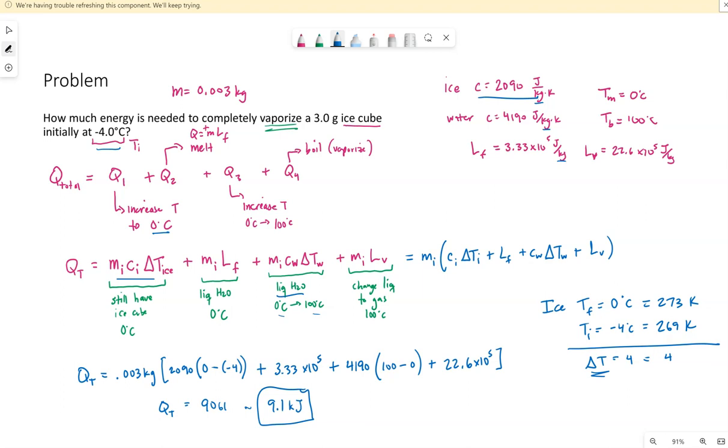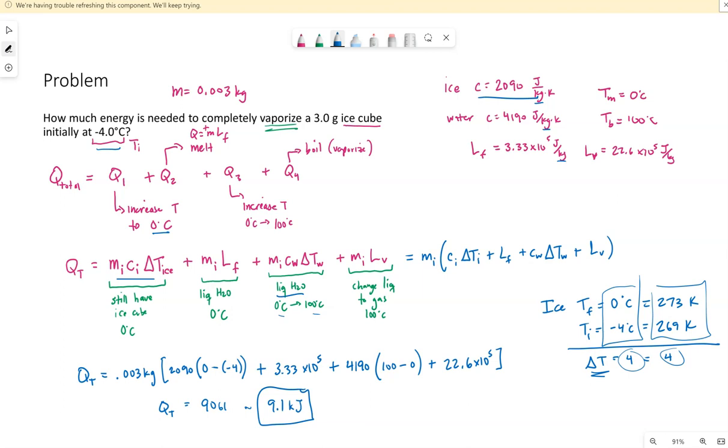Because the conversion has us adding 273 to both initial and final temperature, you can keep both initial and final temperatures in Celsius and take the difference, or you can convert them both to Kelvin and take the difference. You'll get the same difference.